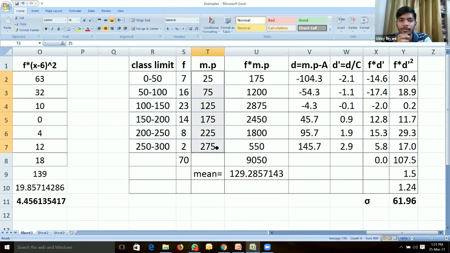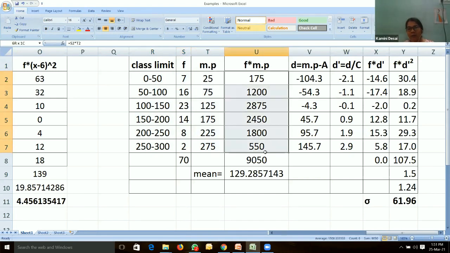Ma'am, mean of the class limit. Okay, so you can say that is the midpoint of that particular class limit. So you understand. And then I want to calculate the sum, x bar, for this particular class limit.